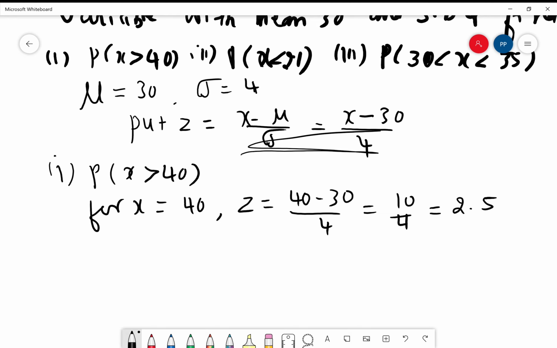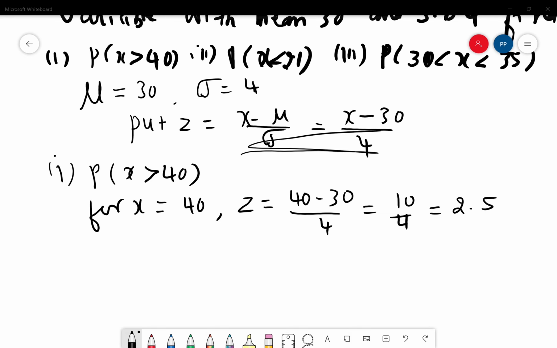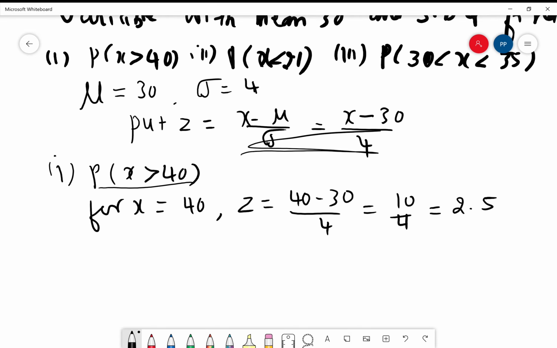Therefore, P of x greater than 40 is the same as P of z greater than 2.5.